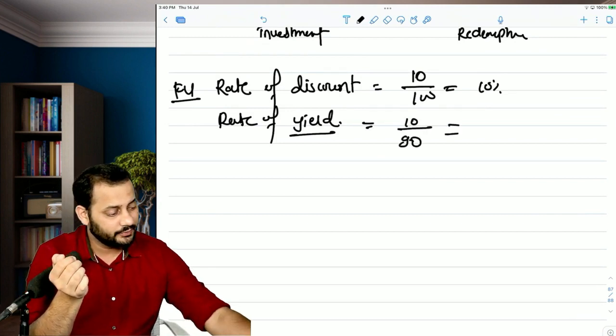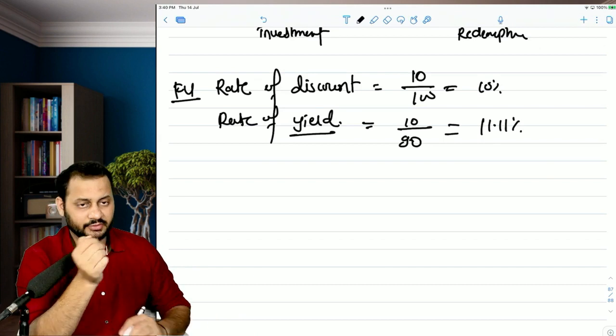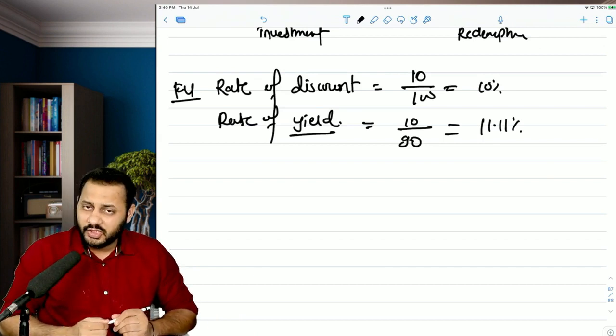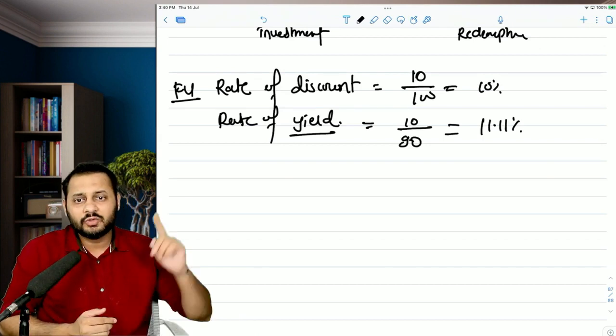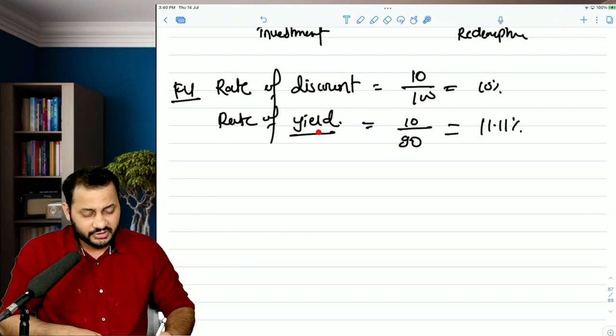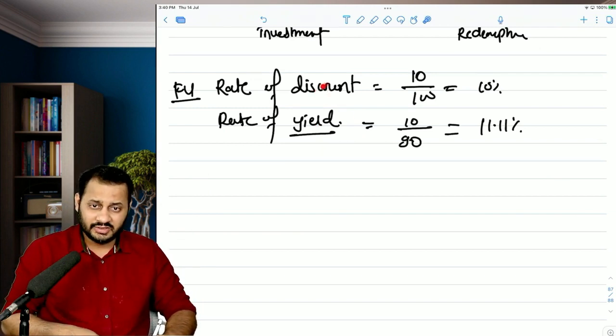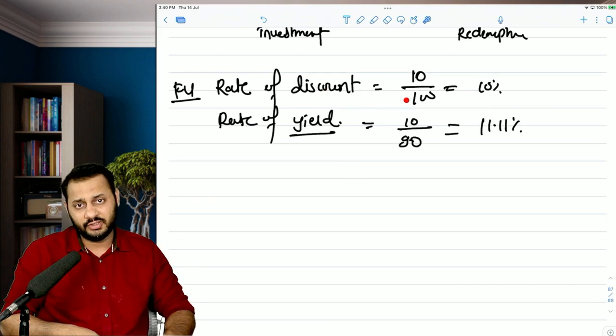So this is going to be the difference that you will see in the couple of questions, and your return will be 11.11%. So the rate of discount for company is not equal to the rate of yield for the investor. Why? Because for investor, yield is calculated on his investment, and for the company or the bank, discount is calculated on the face value, or we can say the redemption value.